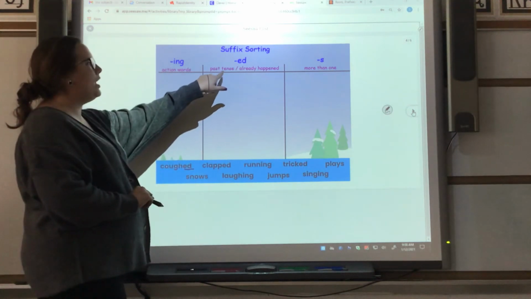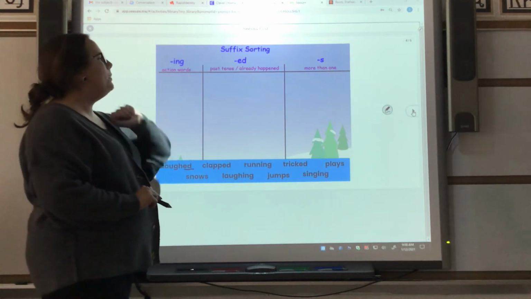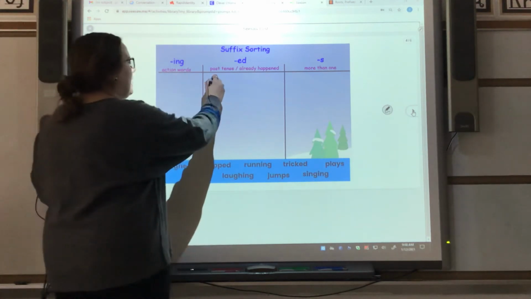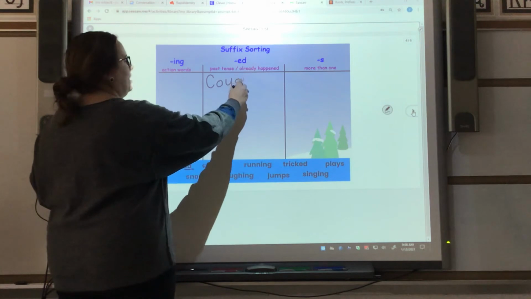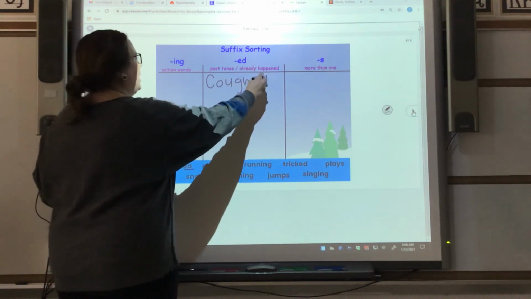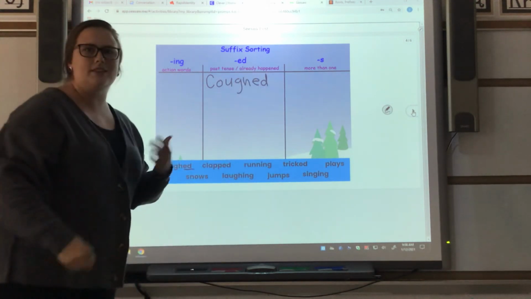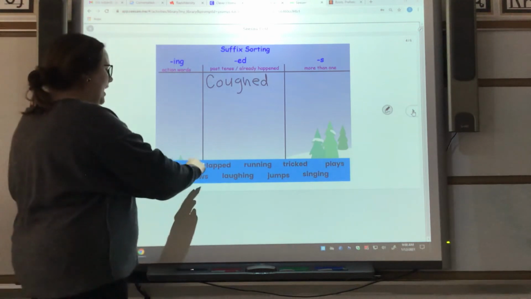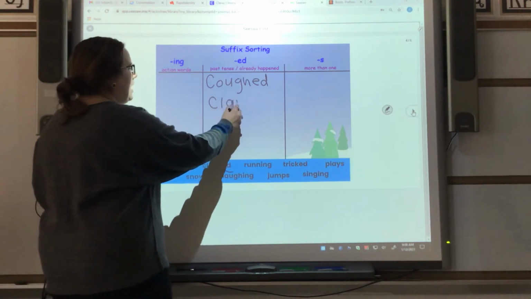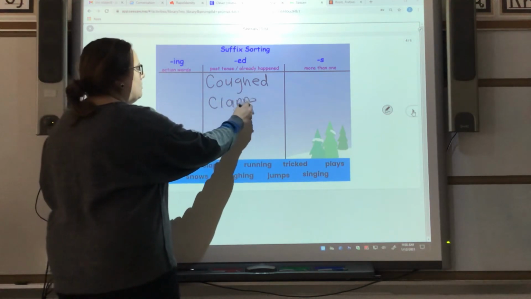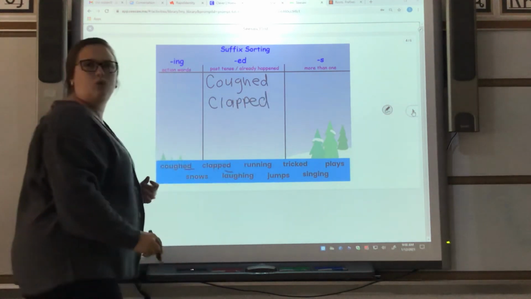So we're going to put it right here at ed, which means past tense or it already happened. So if you coughed, it means you already coughed. If you're coughing, it means you're coughing right then. Okay? Clapped. That also has ed. So if it said they clapped at the basketball game, they've already clapped.